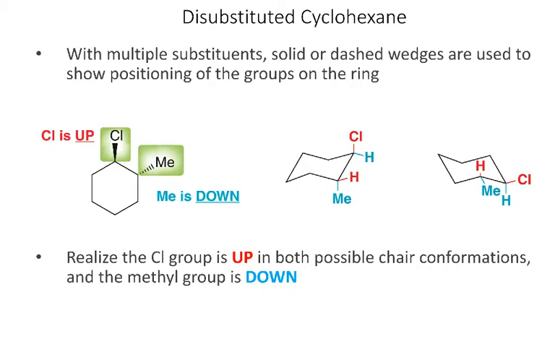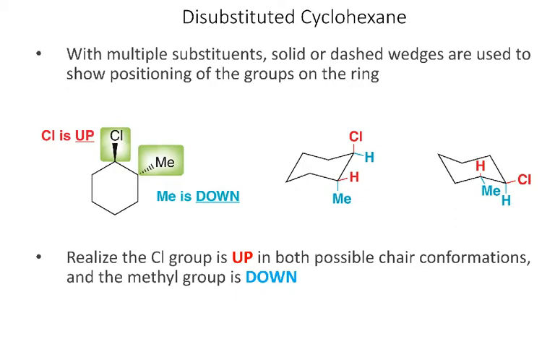So if I was going to draw the two conformations of this molecule, again, I always like to put my first substituent on 1, then my second substituent is going to be on 2, and they told us that the chlorine is up. So the chlorine is going to be in the axial position on this one because the equatorial would have been down, right?